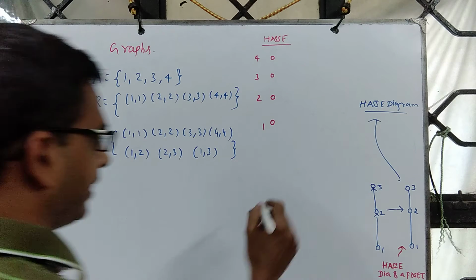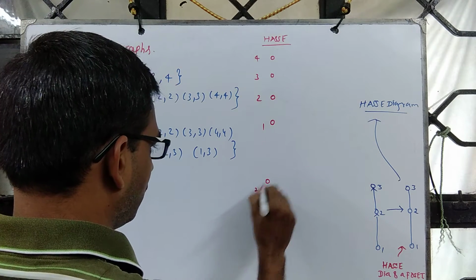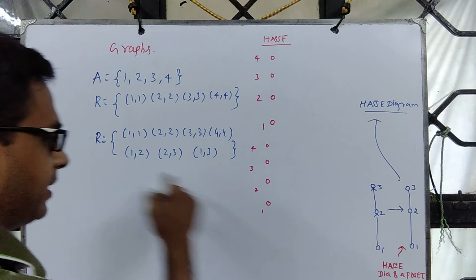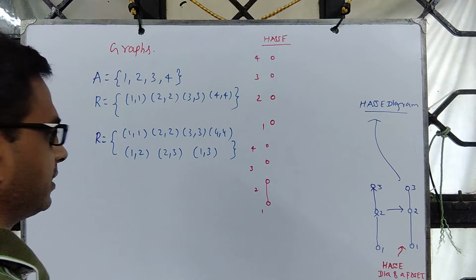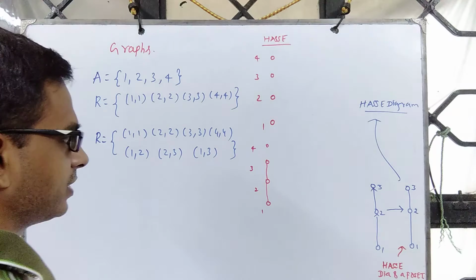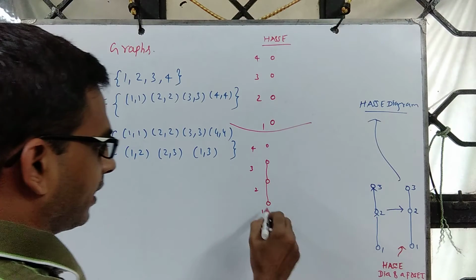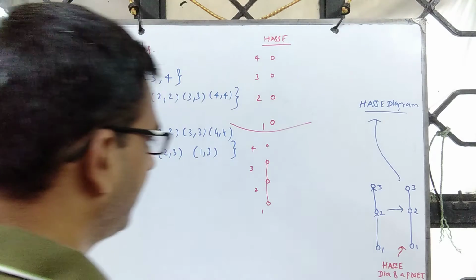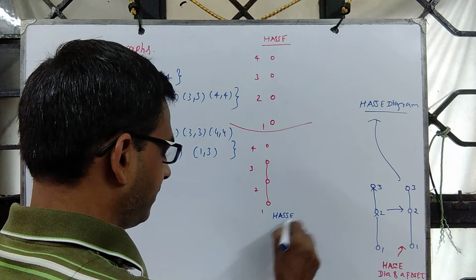Now the corresponding Hasse diagram will look like this: 1, 2, 3 and 4, and there is an antisymmetric arc from 1 to 2, so you get this. There is an antisymmetric arc from 2 to 3, you get this. We are dropping the transitive arc 1 to 3, which means this is precisely our Hasse diagram.